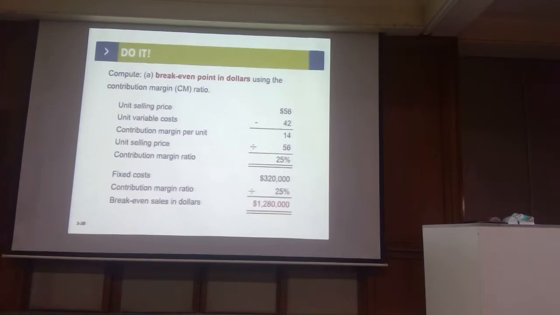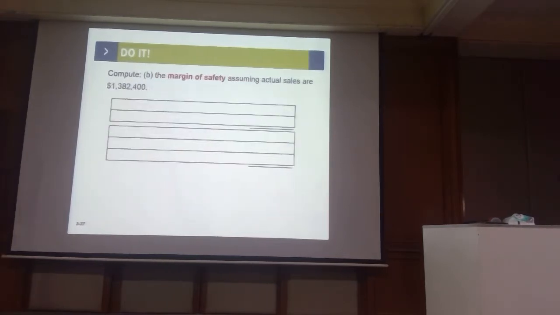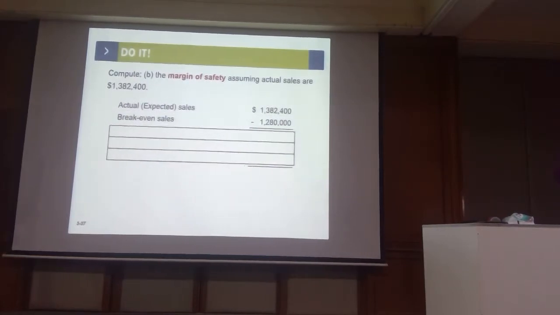For the next question, if you finish, you can move on while we wait for some friends to write down. For question B, it asks you to compute the margin of safety, assuming the actual sales are 1.3824 million. The margin of safety, we just subtract the break-even sales from the actual sales.